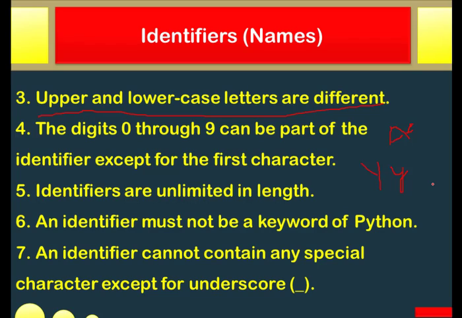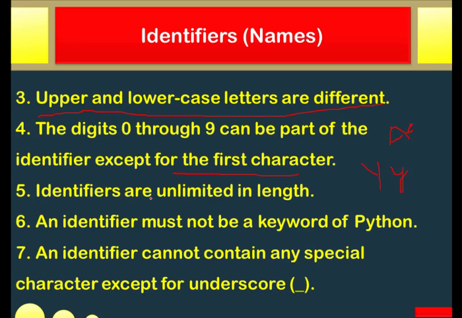Okay. So digits 0 through 9 can be part of the identifier except for the first character. You can include a digit in the name of the element, but it should not start with a digit. Means the name cannot begin with a digit.